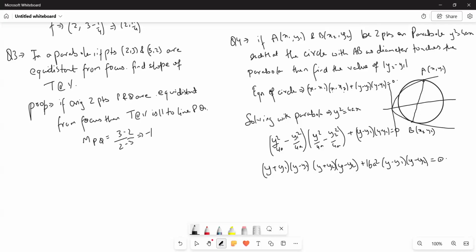Okay. Now notice, if we expand this, this equation will come out to be a biquadratic in y, which would imply that we will have 4 points of intersection.